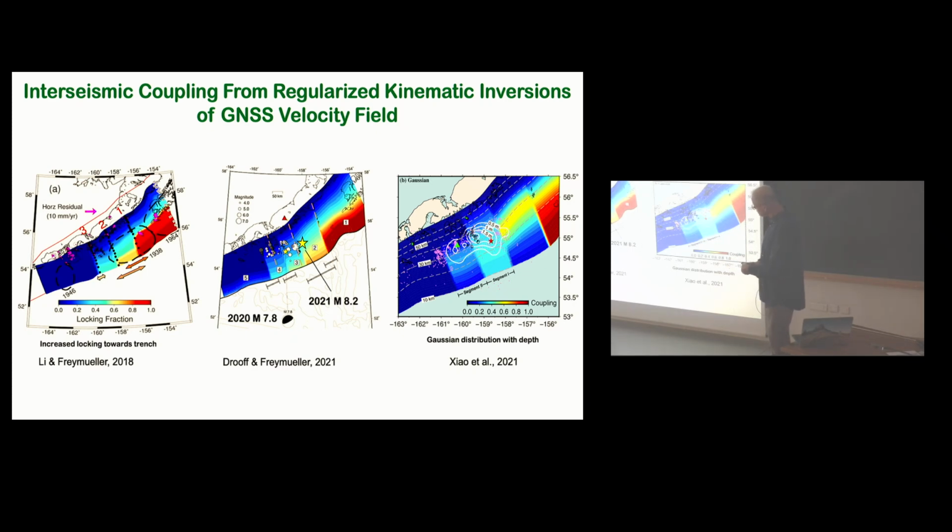So these two coupling models were published before the 2021 models. And you can see that the earthquakes, so these are the recent earthquakes that happened there, fall in an area of almost no inferred coupling. This last model looks different in that now suddenly the coupling is sort of at least at the right depth interval.